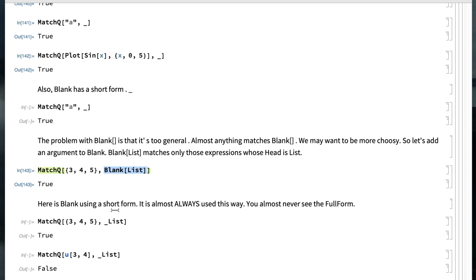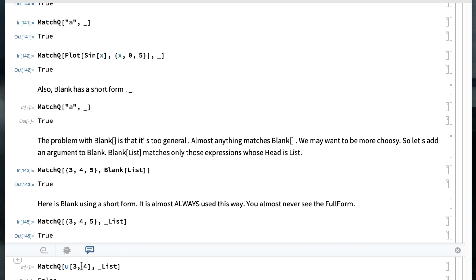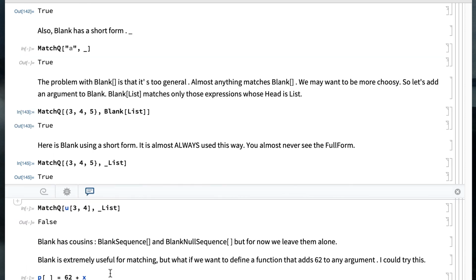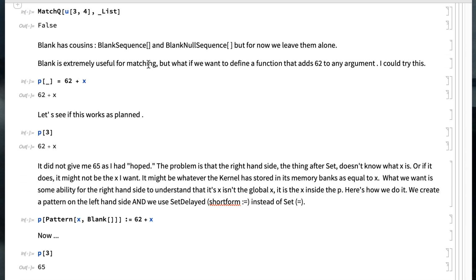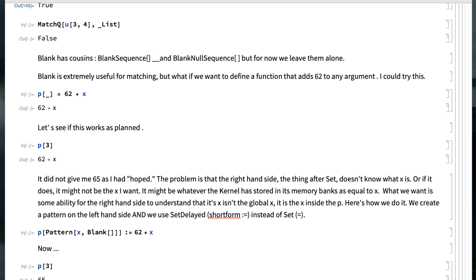You could write Blank[List], but nobody does that. You don't see the full form here. You see it in this more convenient form, the underscore followed by the desired head. Okay. And as you can see here, this is saying, wait a second, the head of this expression isn't List, it's U, therefore it doesn't match. Okay. Blank has some cousins, BlankSequence, which is this, and BlankNullSequence, which has a short form of this, but this is enough for a day.